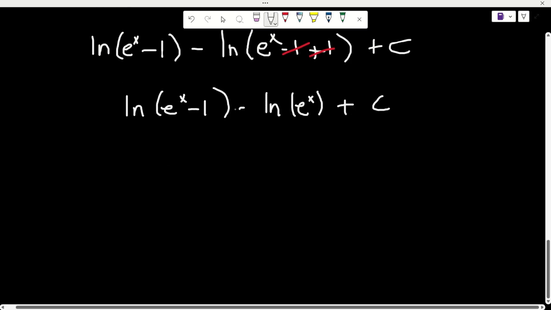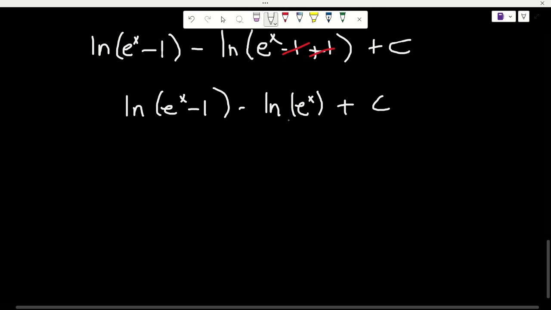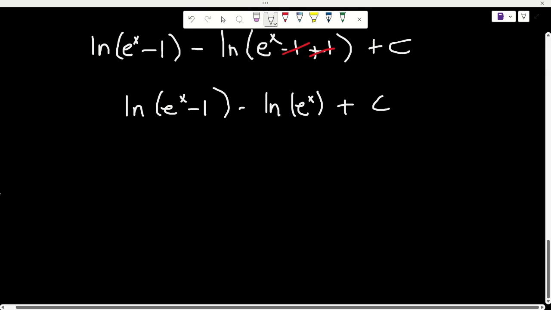simplify this answer. We can write it as this is logarithmic, right? So in logarithm, we can write this as ln of e^x minus 1 over e^x.